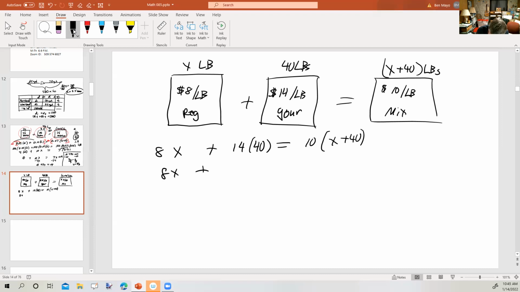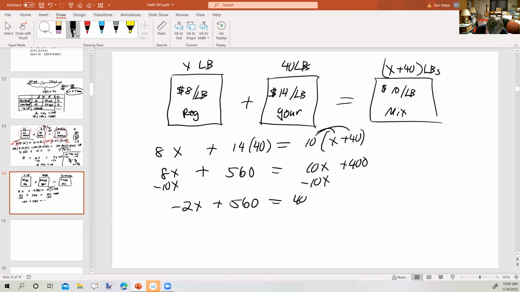It should be a plus sign. 8X plus 560 equals 10X plus 400. And let's see, we'll solve for X on the left. So subtracting 10X, negative 2X plus 560 equals 400. Subtracting 560 from both sides, negative 2X equals negative 160. Divide both sides by negative 2, X equals 80.